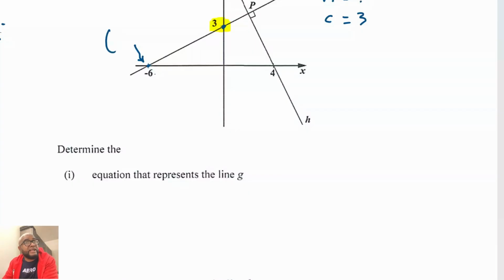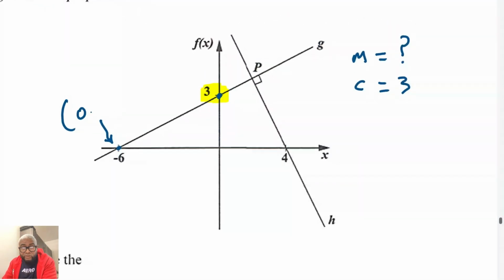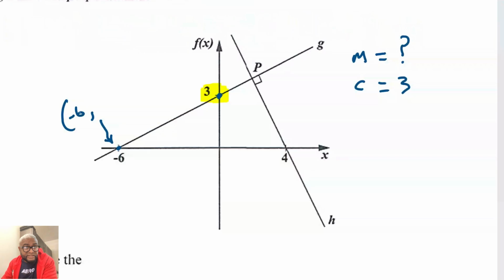What is the x-axis value here? It's not 0 first. It's -6 first, comma 0. Those who don't know, this point here is the origin, which is 0.